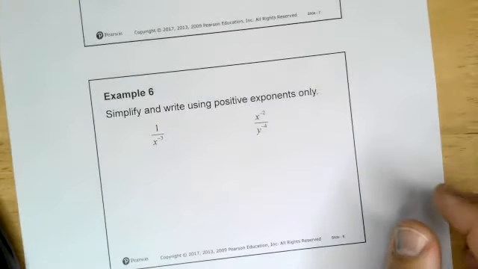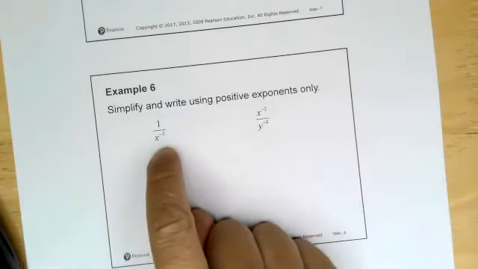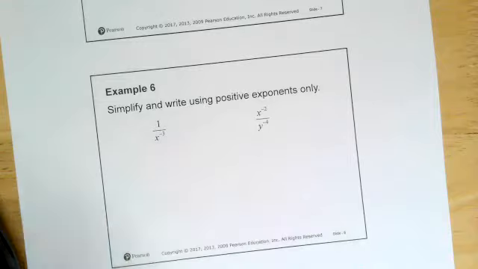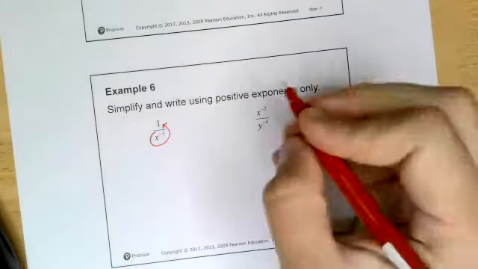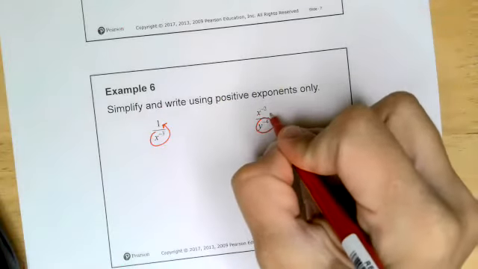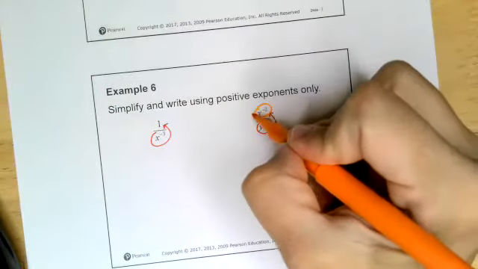All right, again, example 6. Simplify and write using positive exponents only. If the negative exponent is on the bottom, we still reciprocate by moving it up. Moving it up. Moving it down.